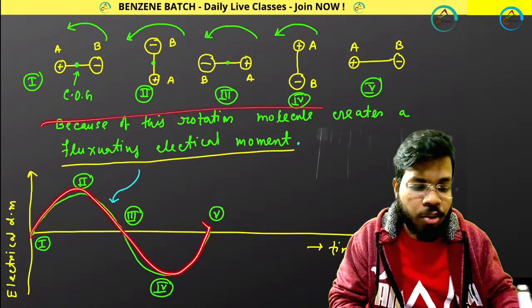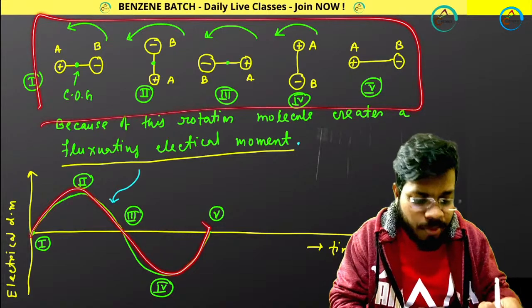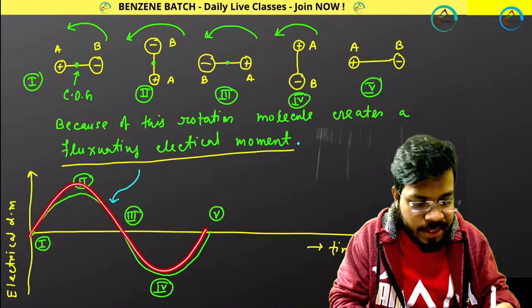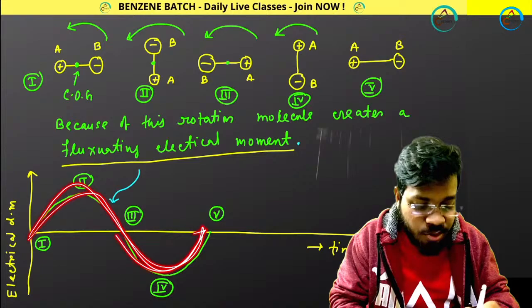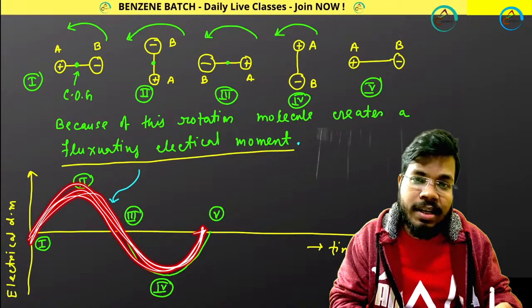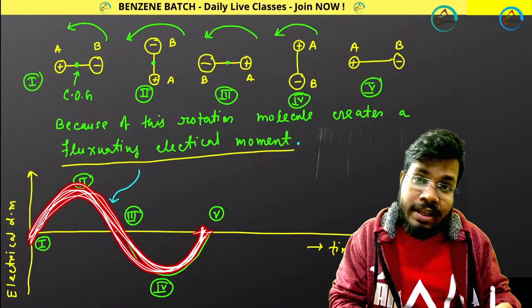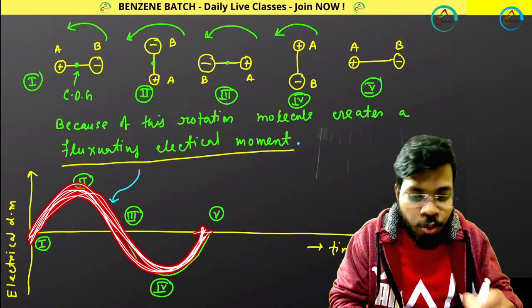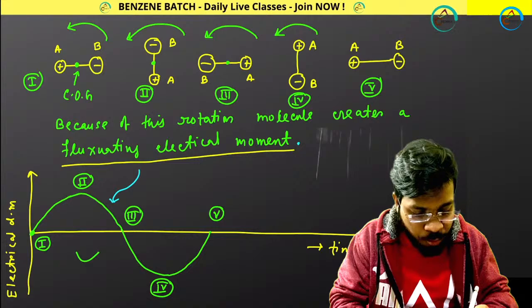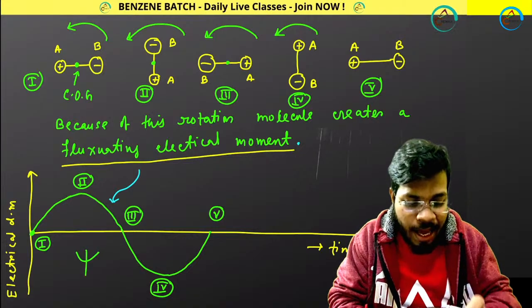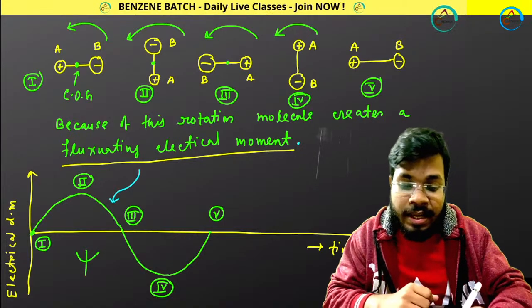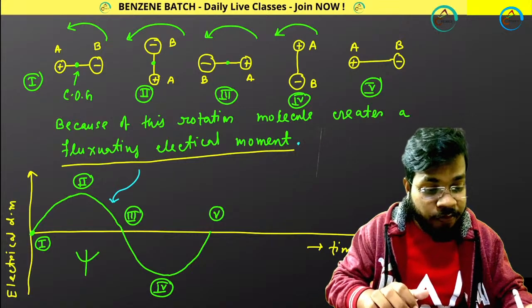I told you about the rotational properties of the molecule. Whenever they are rotating, they are giving me this kind of wave, and if molecule is showing this kind of wave, then I can say the molecule would have some kind of wave function psi, and if I have some kind of wave function, then I can apply Schrodinger wave equation.